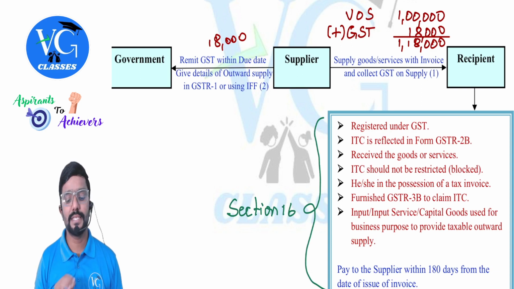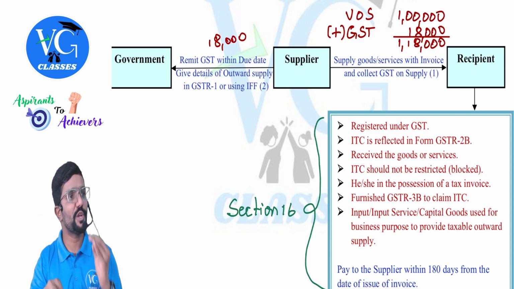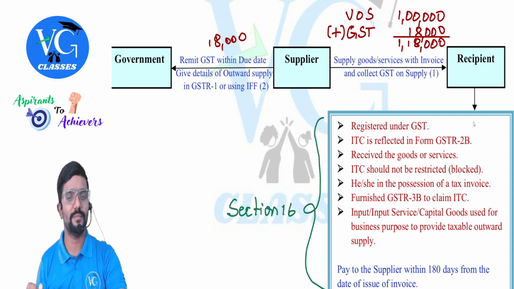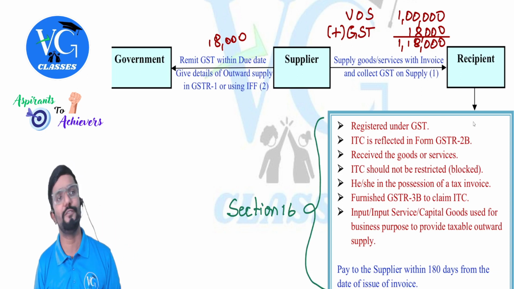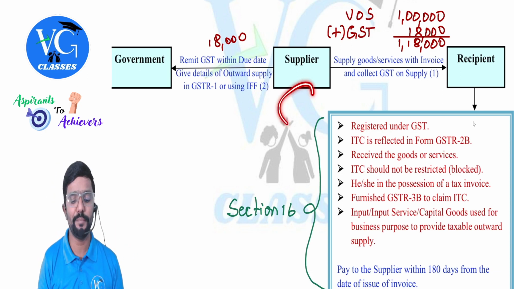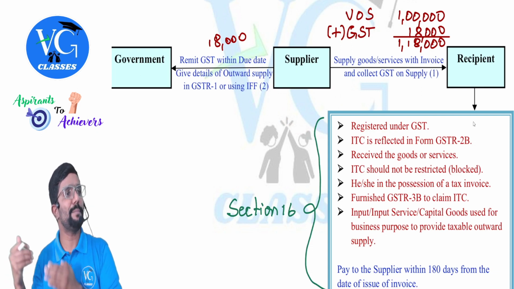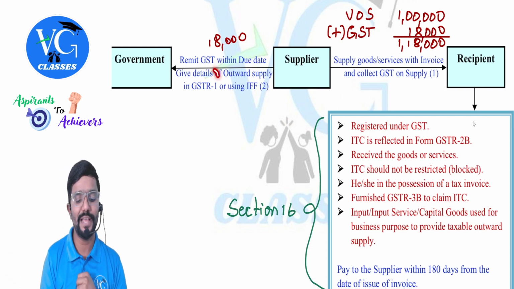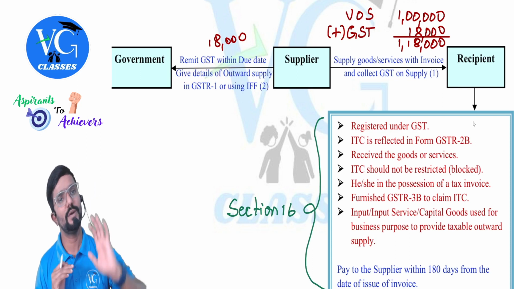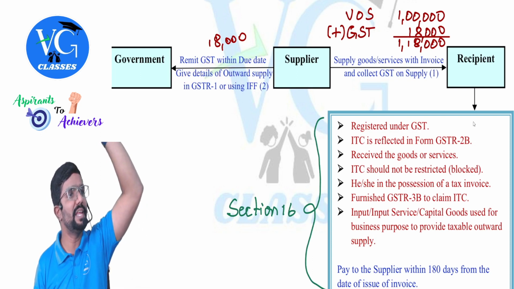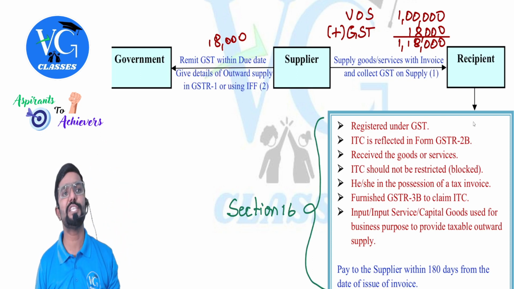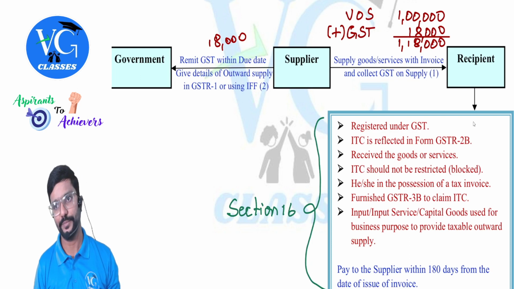And guys, in this chart, I had mentioned QRMP and all. Don't take that down, because that will lead to confusion. I just mentioned QRMP: when the supplier is following QRMP, he will file GSTR-1 quarterly, guys. More about this we will learn in the returns chapter. You need not mention anything about QRMP.